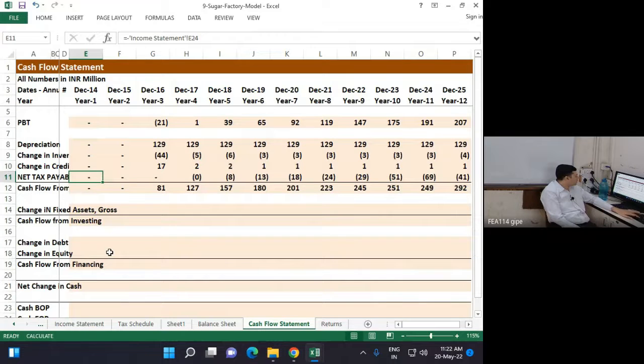Creditor will be plus because it is new minus old. That is for inventory. Creditor के लिए new minus old.